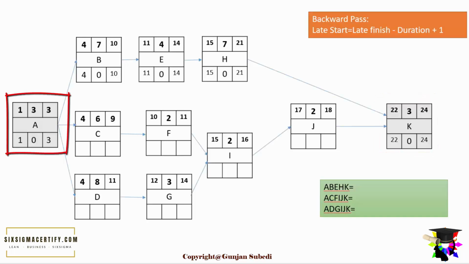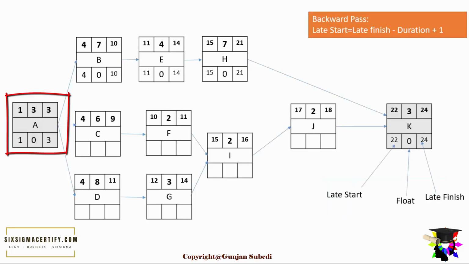So coming to this point, we knew that the critical path was A, B, E, H and K, and we also calculated the early start and late start and early finish and late finish for the pathway. We also learned that the information on the lower side of the box stands for the late start, float and the late finish.